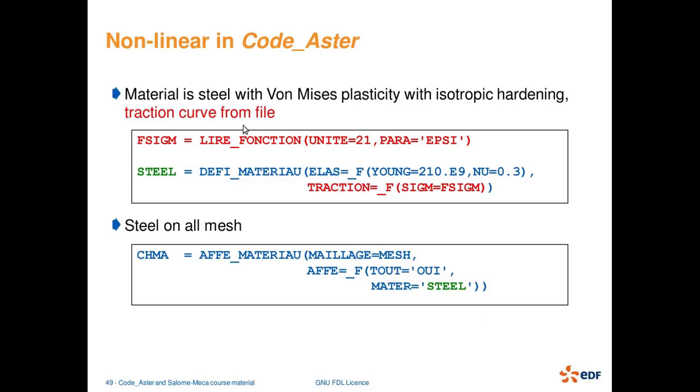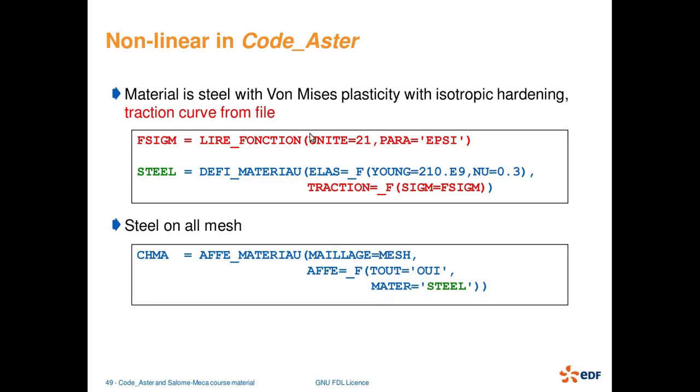The operator used is the Lire function, which means read the function, available in the file unit 21. This is an example, some file which has a logical unit 21, and the parameter, that means the independent variable, here is strain, called EPSI.